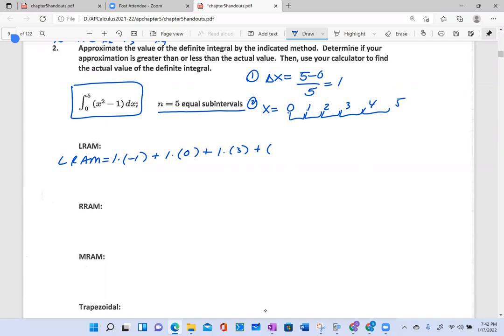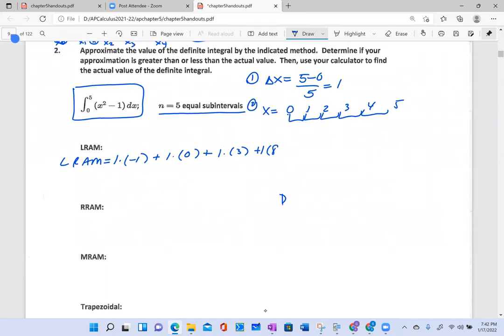The next one is 3 squared is 9 minus 1 is 8 times 1. Plus 1 times 4 squared is 16 minus 1 is 15. I should have a total of 5: 1, 2, 3, 4, 5. And you could finish out the arithmetic.